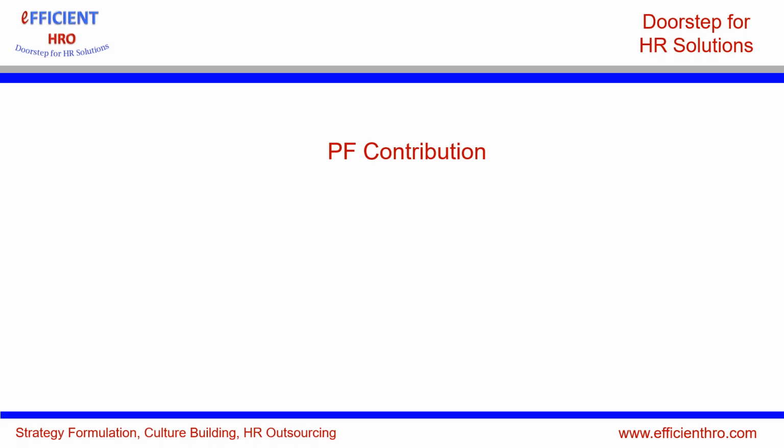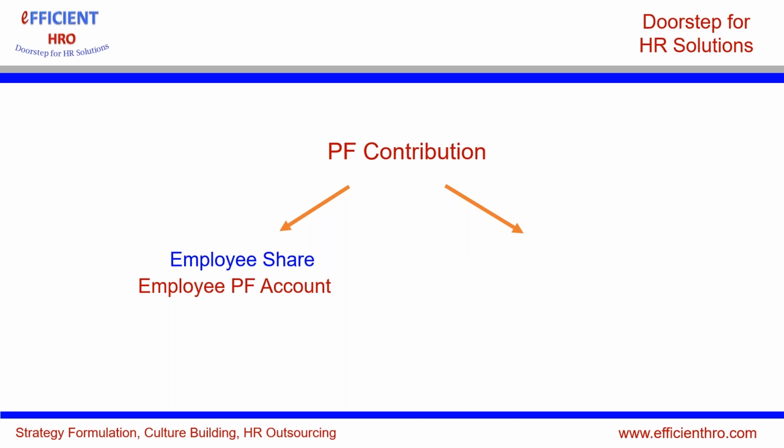Now, as we talk about the contribution, the employee's entire 12% goes to the employee's PF account. Then comes the employer's share, for which there is a separate bifurcation.